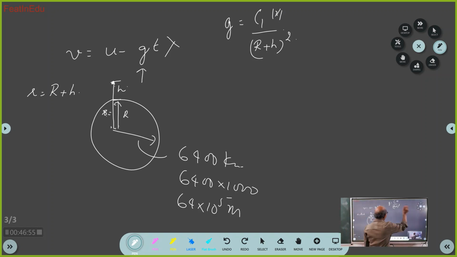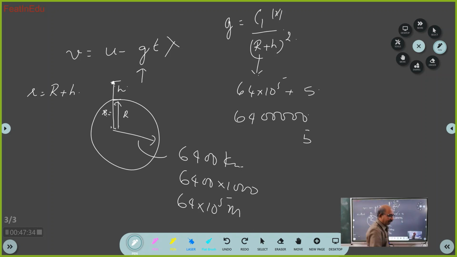Now what happens if I have to manipulate this? This R is 64 into 10 to the power of 5 meters. And say you are keeping a body at 5 meters from Earth. So how much will you get the value here? The denominator will be 64 followed by 5 zeros plus 5.